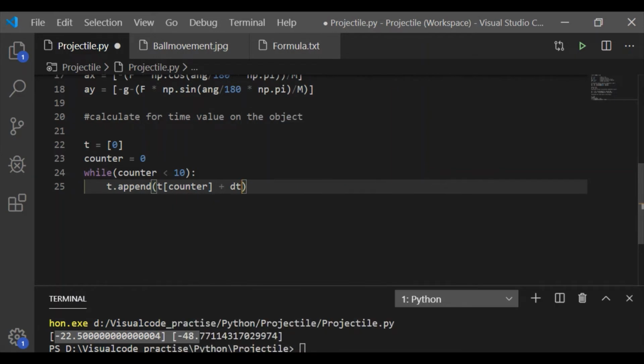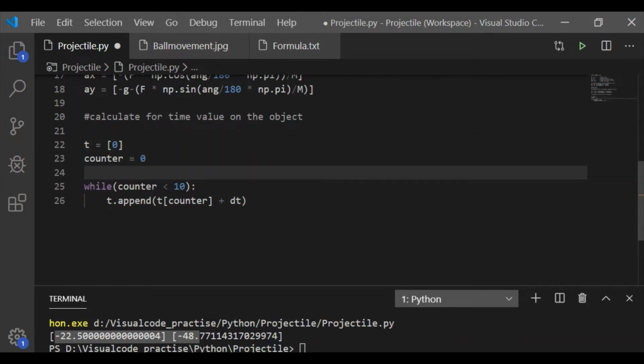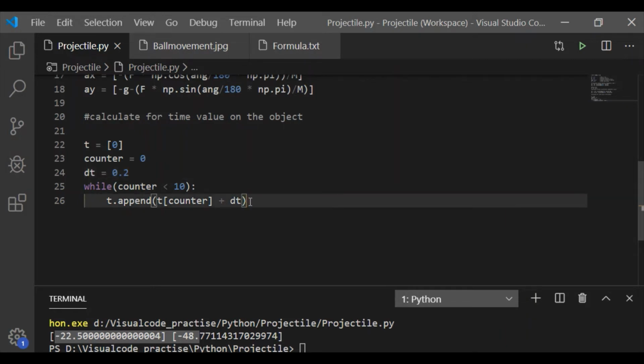Delta t is the incremental function of time for which we are going to plot the ball or the range of the projectile. Delta t, let us initialize to 0.2 seconds so that when we take a count of 10, they are incremented in a range of 0.2 units.